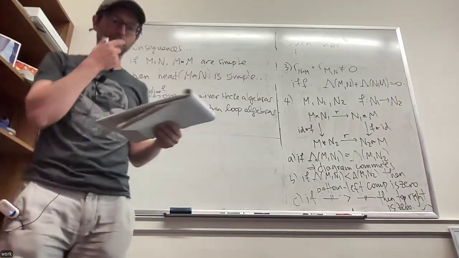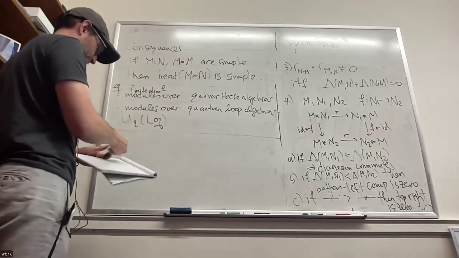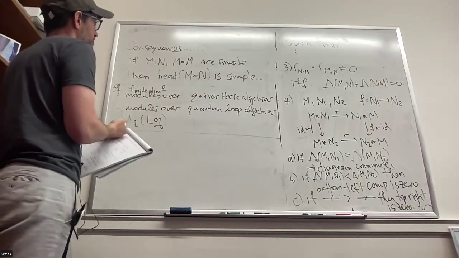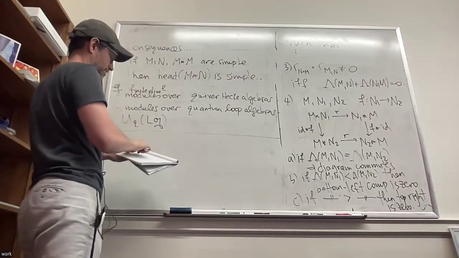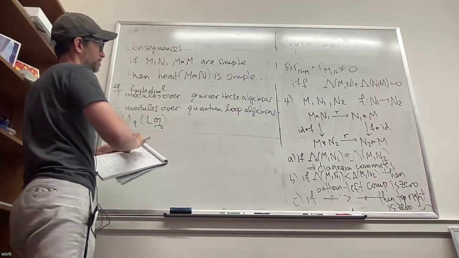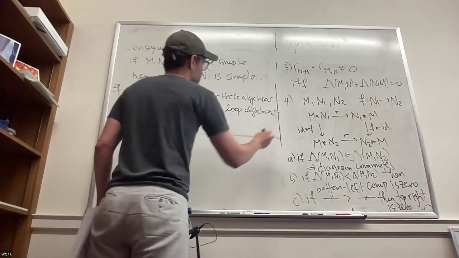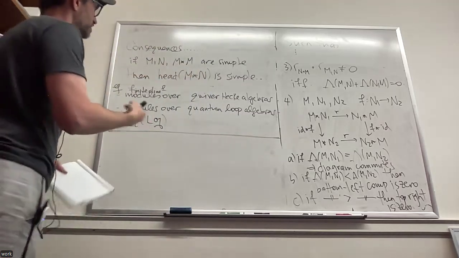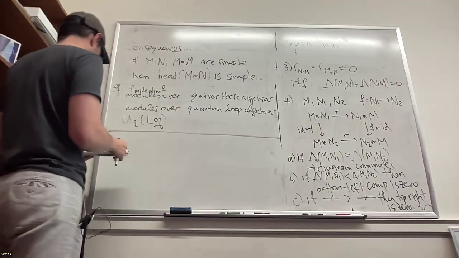If you take two simples with this property, then the head will also be simple, and so on. This might seem like an esoteric fact, but it has some interesting meaning. I'm not sure I'd call it applications, but it's not just a random observation, if you like.